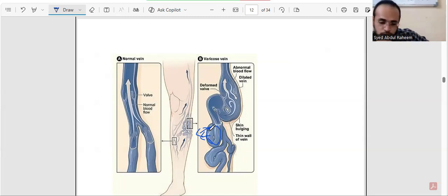Here I have one question for you. How does the exchange of things happen from the blood vessel to the cell? One protein is responsible for maintaining the pressure balance. Can anyone tell me the protein name? Arteries have blood pressure.